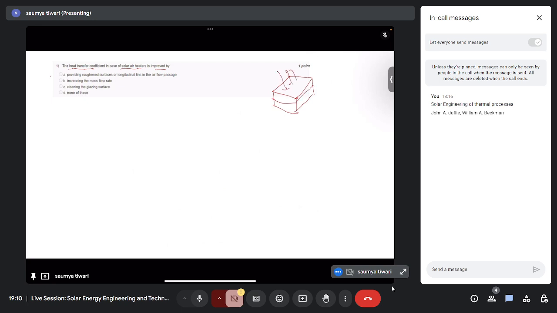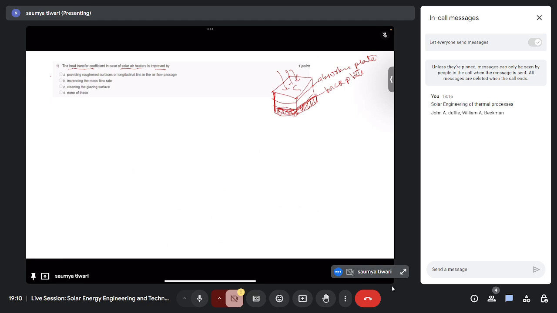Say this is your cover, this is your absorber plate, and this is your back plate, say with some insulation. Okay. Now, if you want to increase the heat transfer coefficient, what things can we do?